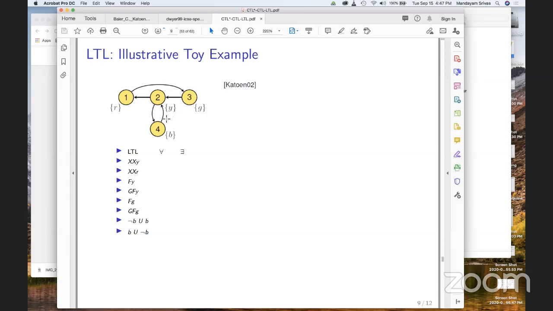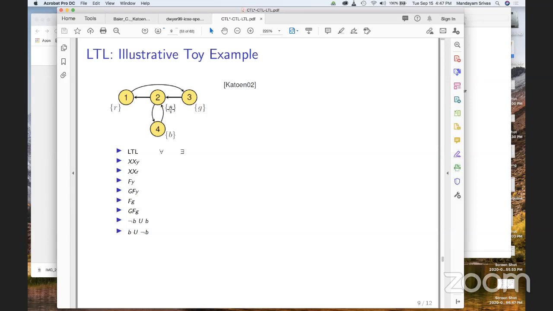Because if there is also a path from 1, for example, which goes through 3, 2, and then it can just circulate 2, 4, 2, 4, 2, 4, for which it does not hold good.